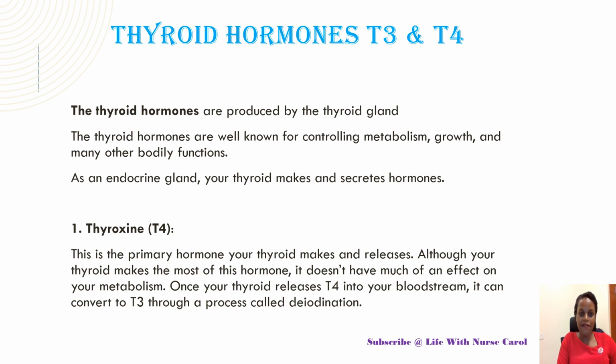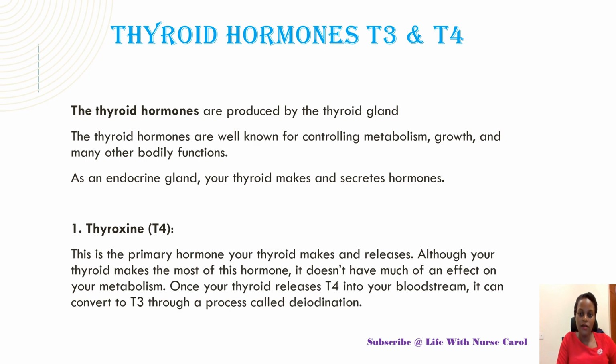Our first thyroid hormone is thyroxine, which is also known as T4. This is the primary hormone your thyroid makes and releases. Although your thyroid makes the most of this hormone, it doesn't have much of an effect on your metabolism. Once your thyroid releases T4 into your blood, it's converted to T3 through the process of deiodination.